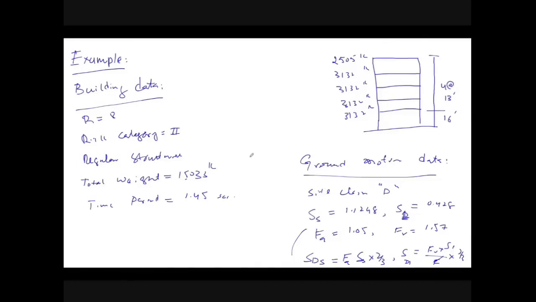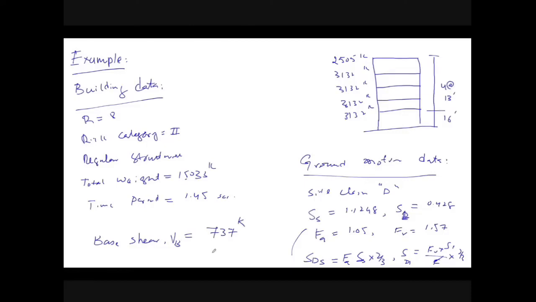Now, this problem is obtained from another example where the base shear VB obtained was 737 kip.